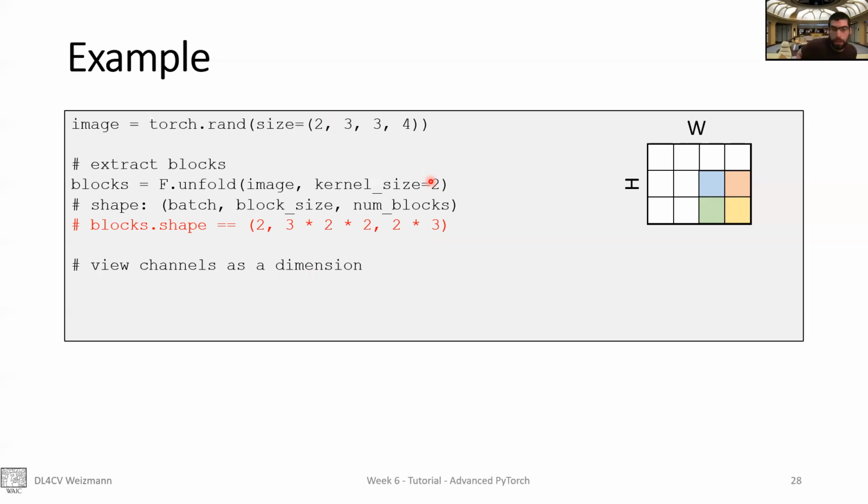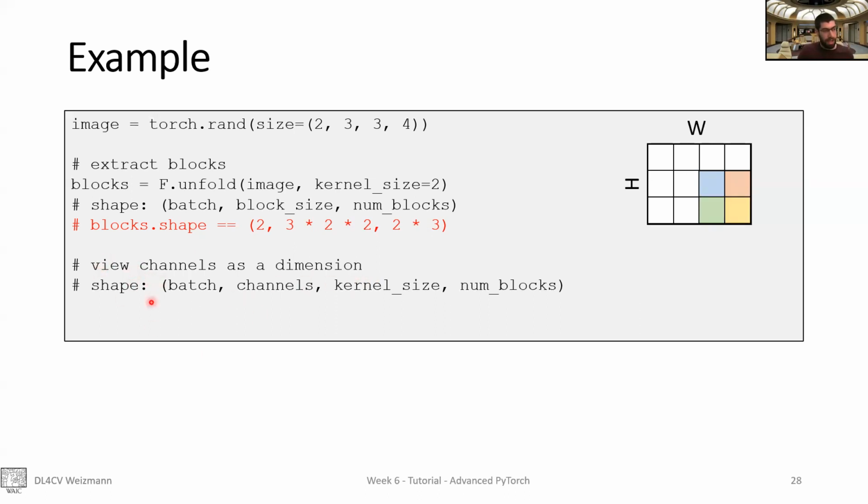If we want to view the channels as a single dimension, here the channels and the kernel size are in one dimension, and you want to separate them. It means that in the memory alignment C comes before the kernel, so you have to view it with the channels before the kernel size. Otherwise, it will not work correctly. You can read more about why it is that way in the hidden slides later.